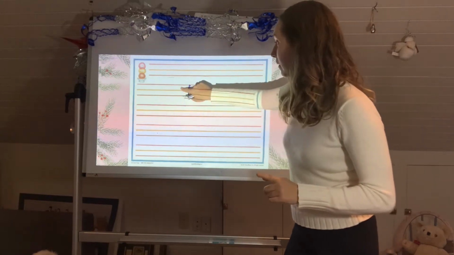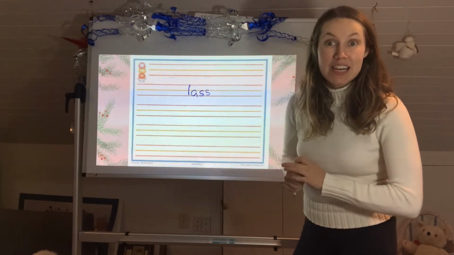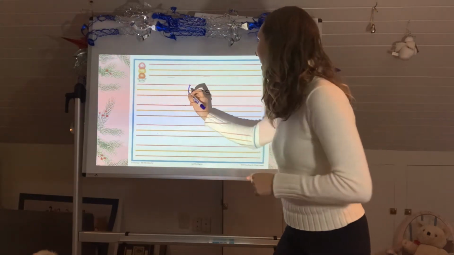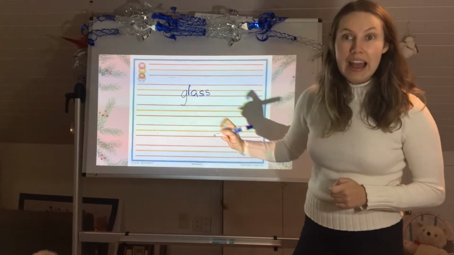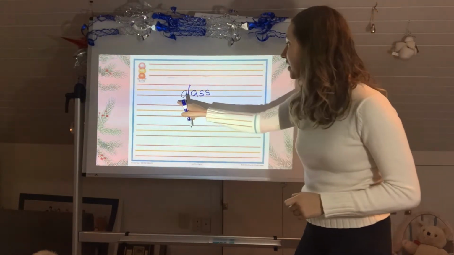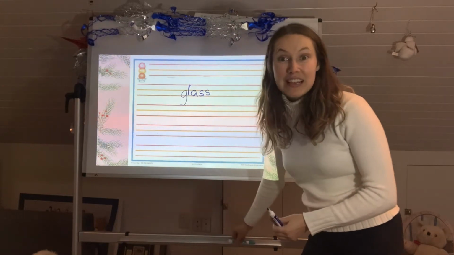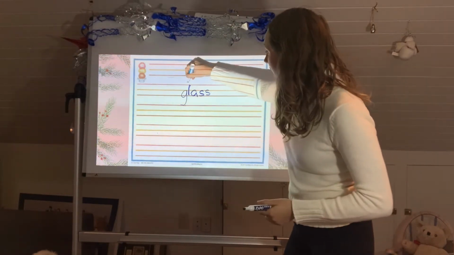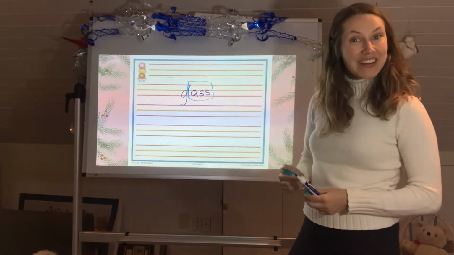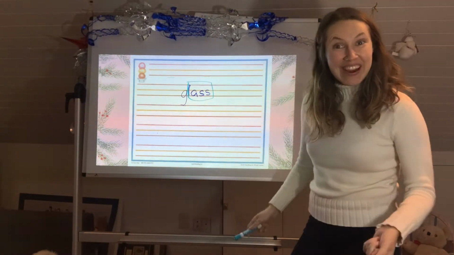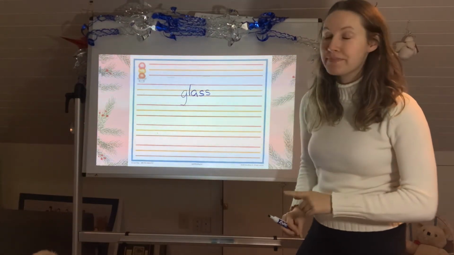So I'm going to erase my C, and instead I want that letter G sound. Very good, letter G. So now I added a G and I have glass. Just like class, the word glass has that name lass inside of it.